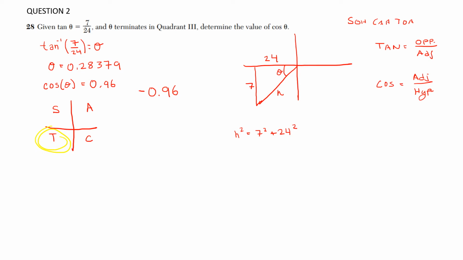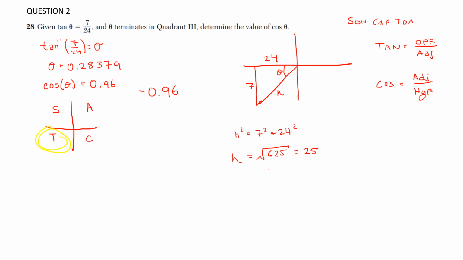And just calculating this out, we can take the square root of both sides and get, this is a 625, by the way. If you square root 625, you get 25. And therefore h is 25.